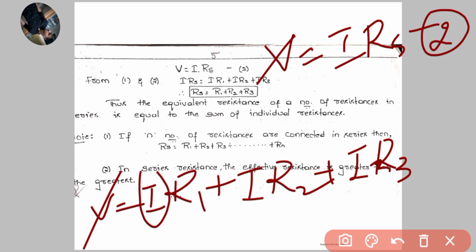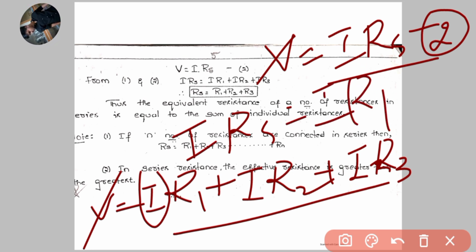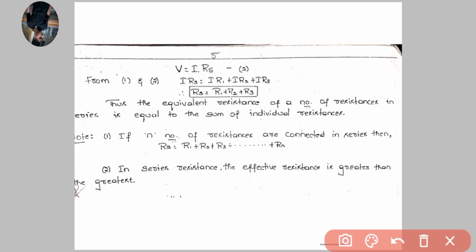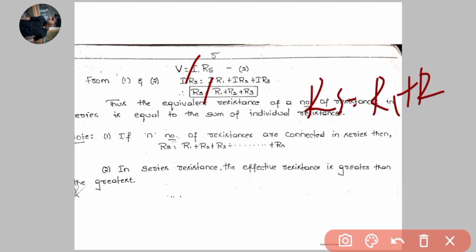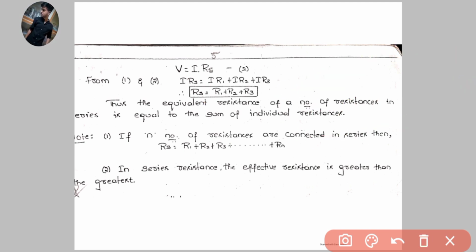After that we compare this with I into Rs, which is equal to I into R1 plus R2 plus R3. And this I also gets cancelled. Then we are left with Rs is equal to R1 plus R2 plus R3. This is the derived equation which we want for resistors in series.